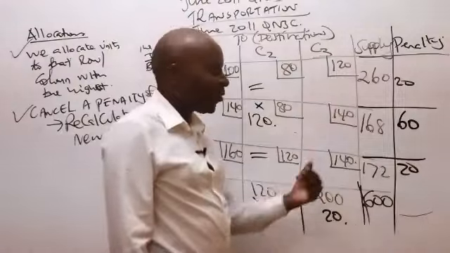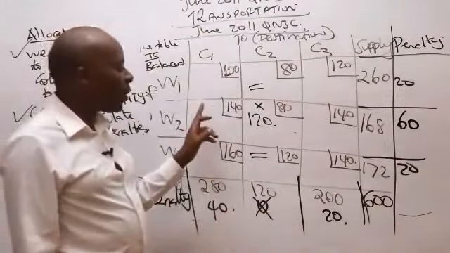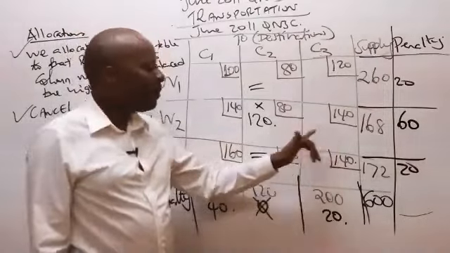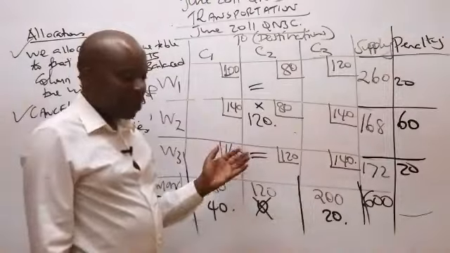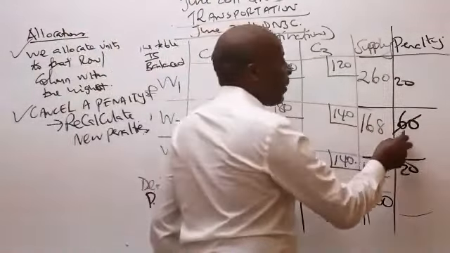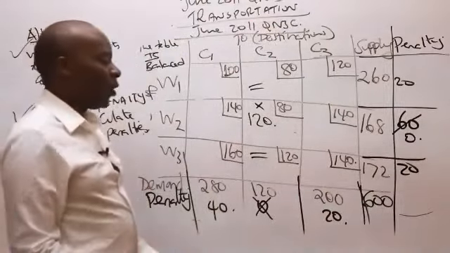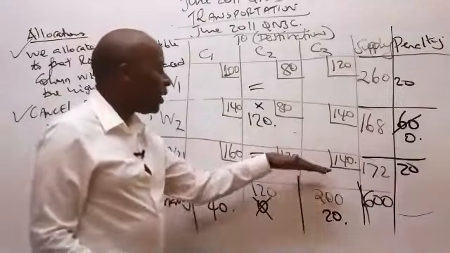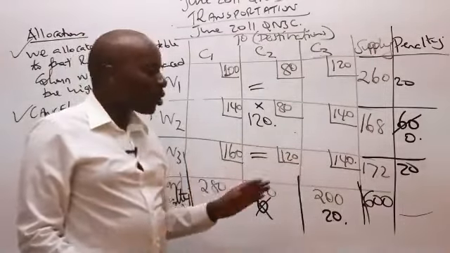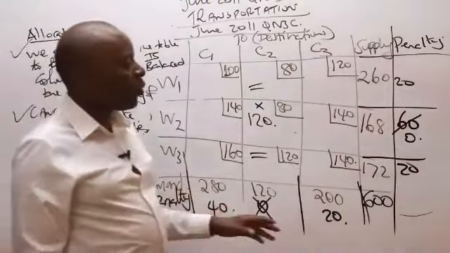I can't delete that just to write another 20. Come to this one. The best here is 140, like Victor was telling us, 140 and 140 now. Remember, this one is not available. So 140 and 140 gives me a penalty of 0. When I come to the next one, this third row, the very best is 140, followed by 160. When I get the difference there, what am I getting?